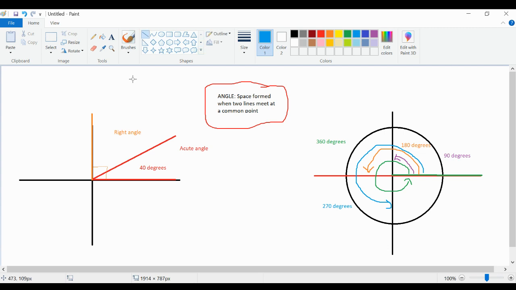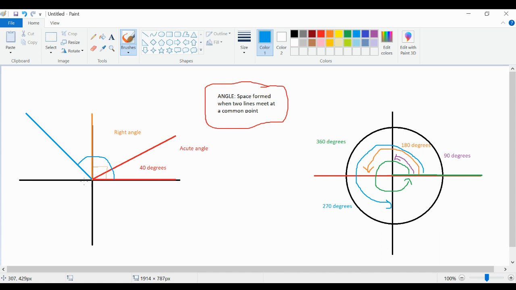Now, if we have an angle that is larger than 90 degrees, say we're right over here, again, starting from our starting point and going all the way over here, we can see that this angle is now pretty big.